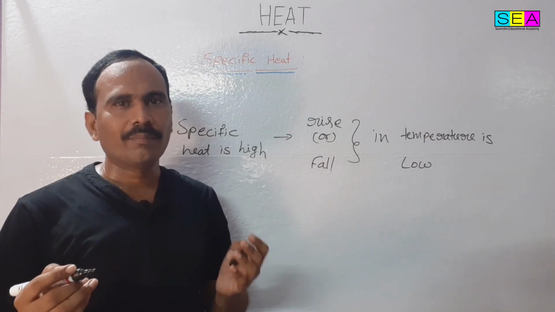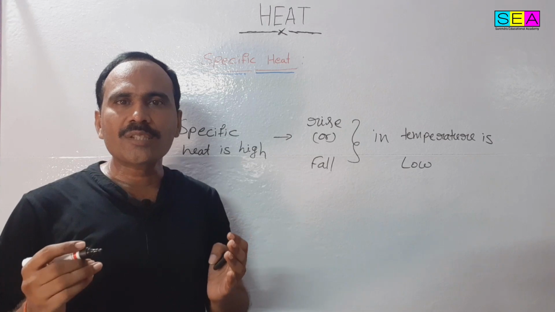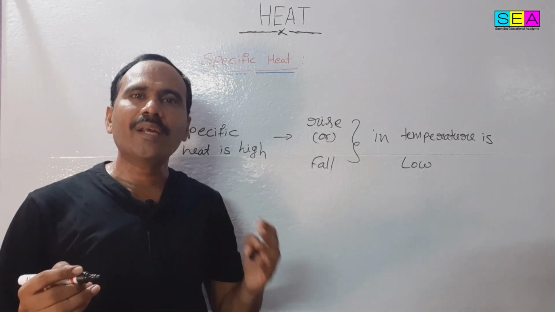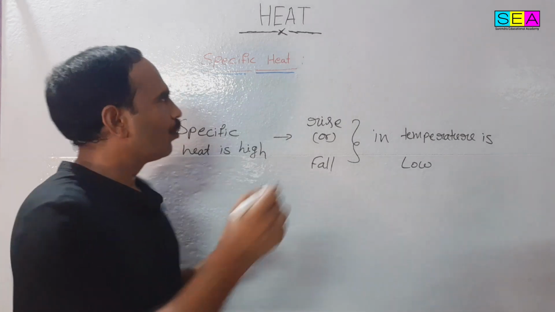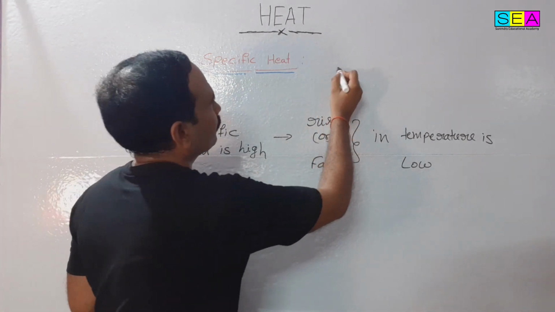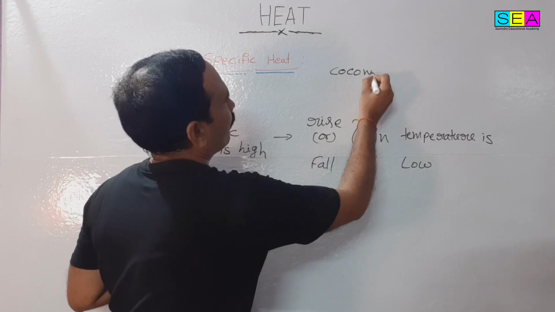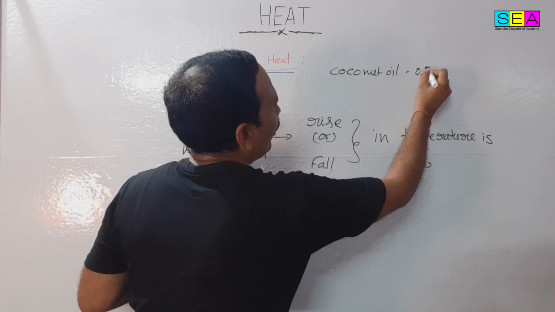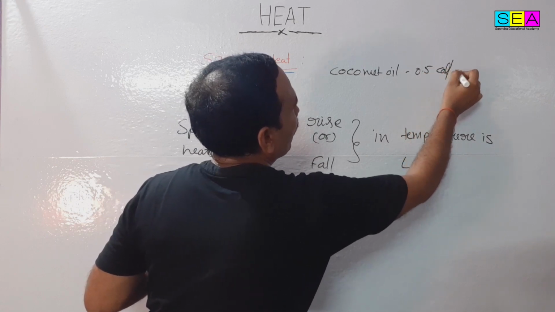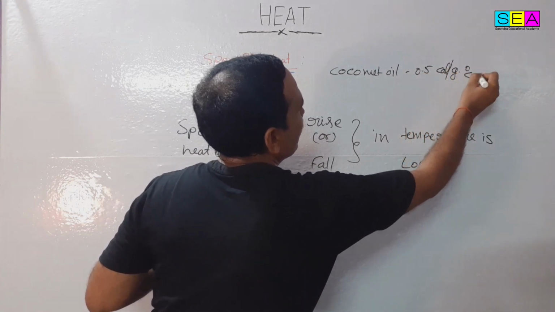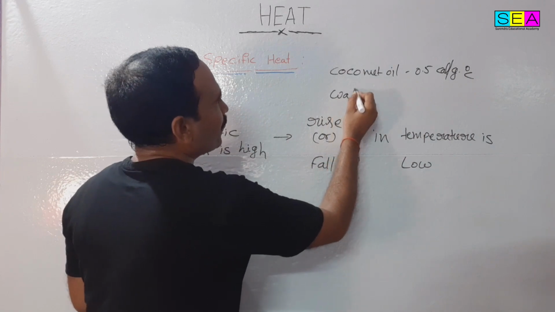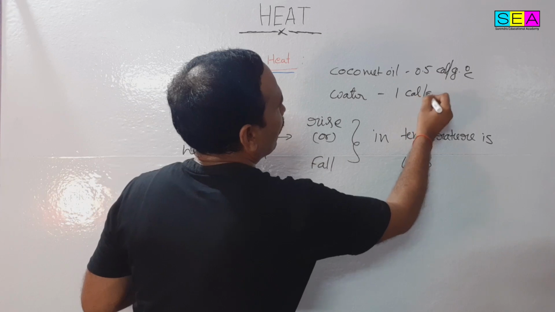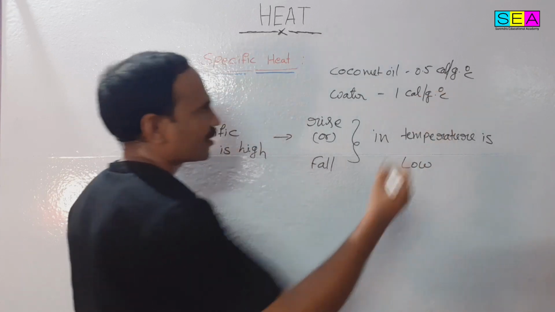water, because the water specific heat is higher than the coconut oil. Coconut oil specific heat is 0.5 calorie per gram degree Celsius. Water specific heat is 1 calorie per gram degree Celsius.